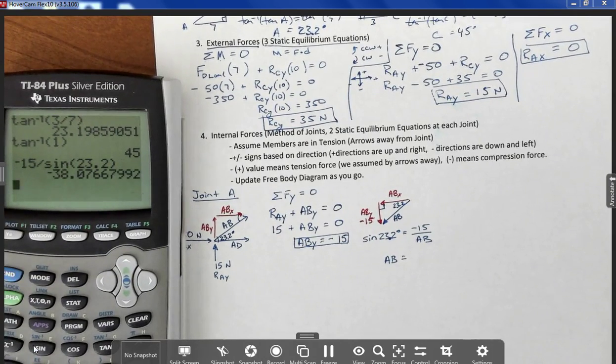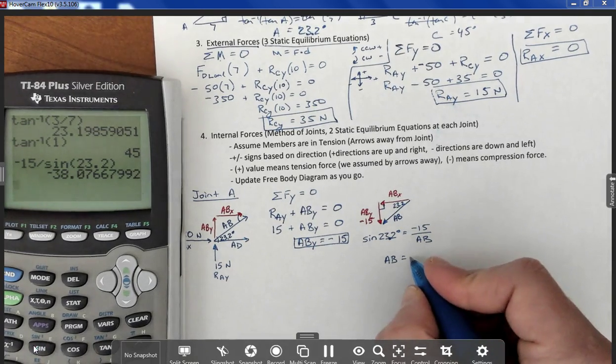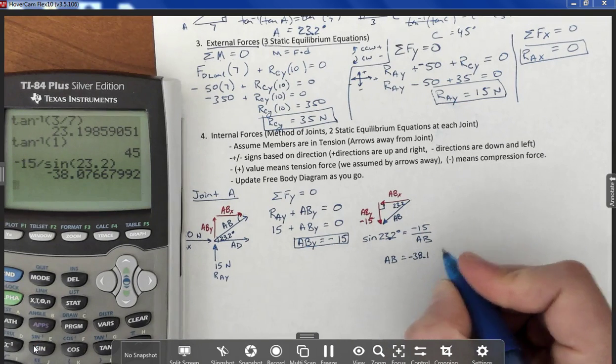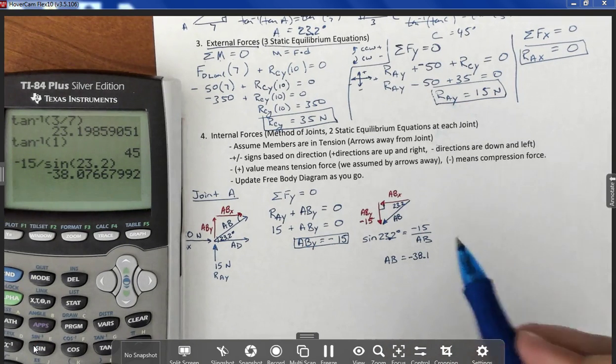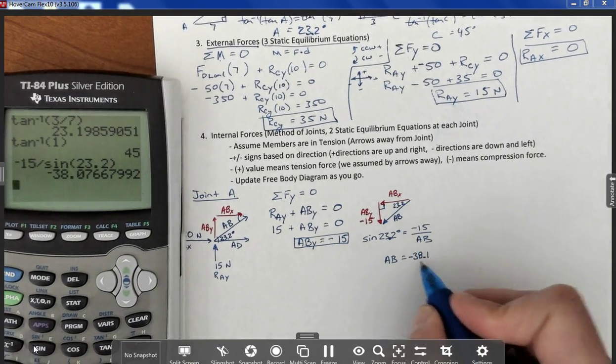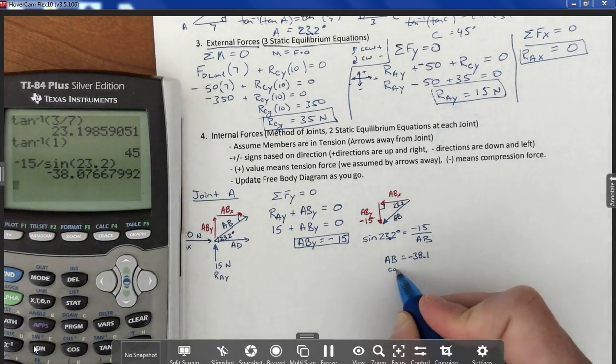And I get negative 38, I'm going to round to the nearest tenth, so negative 38.1. And the negative is, again, telling me that this was in compression, which I kind of already knew. So that negative, though, tells me compression.